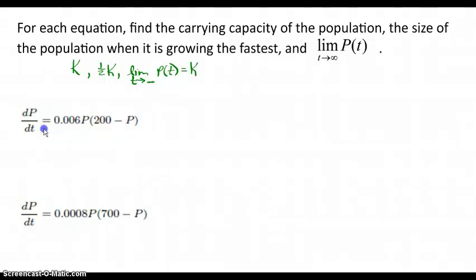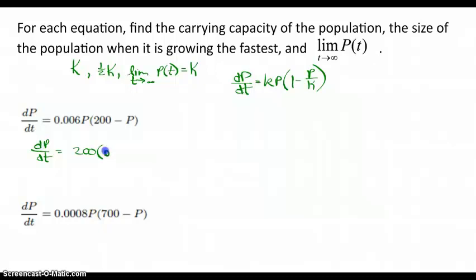So again, all we're going to have to do is put these into the form of our logistic growth model. In this context, you have to be able to pull that up immediately. So dP/dt equals, and I'm going to factor a 200 out front, 0.006P, and that's going to leave me 1 minus P over what?